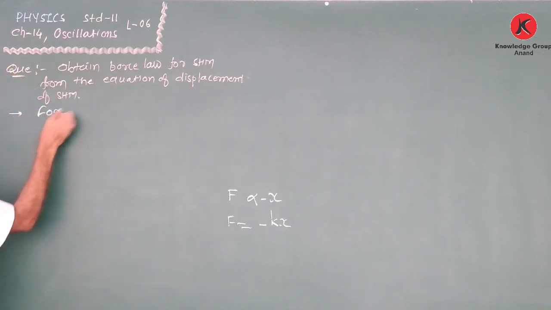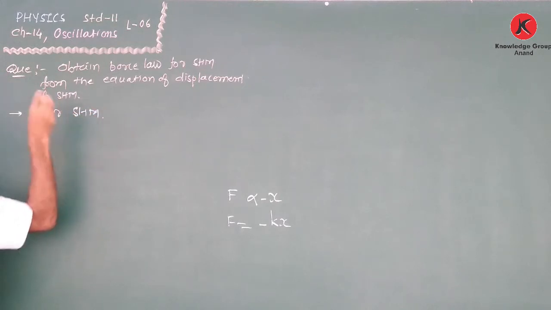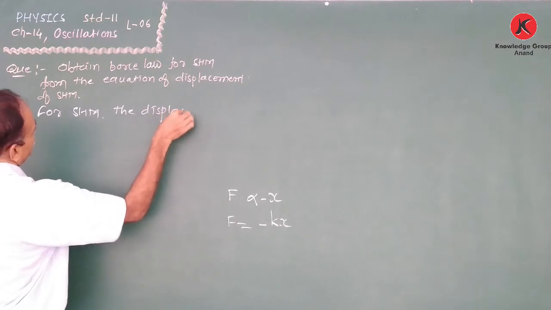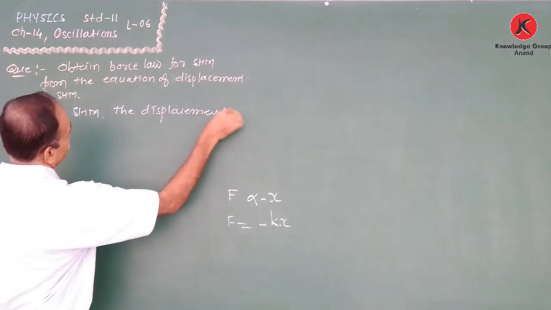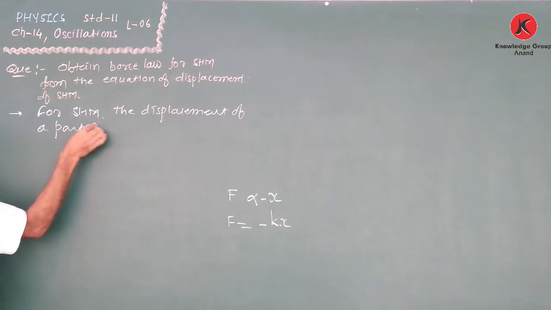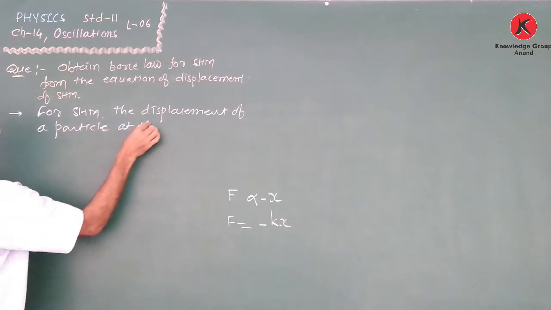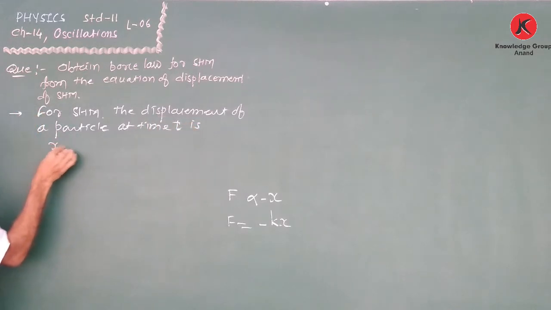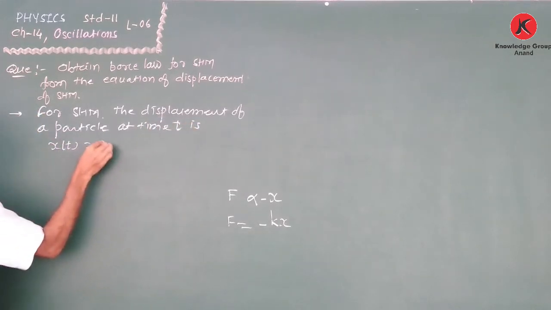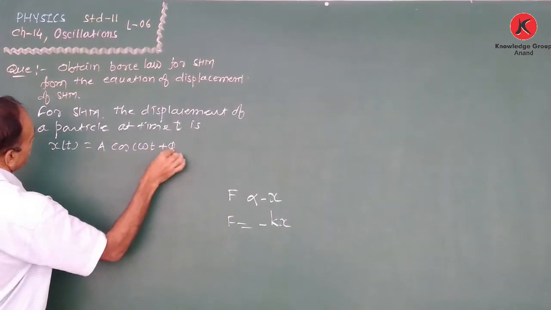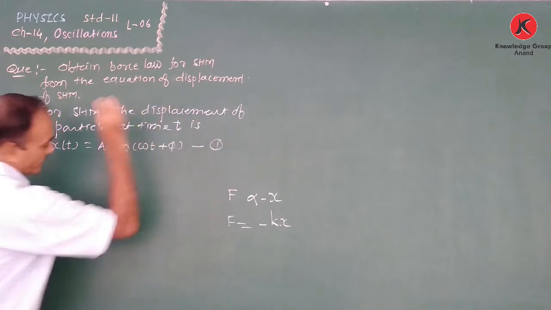For simple harmonic motion, the displacement of a particle at time t is x(t) equal to A cos(omega t plus phi). That is equation 1.